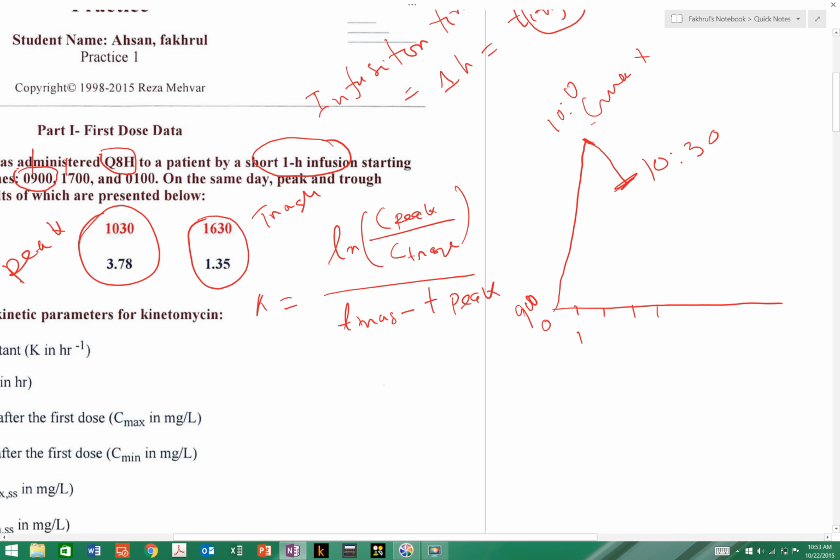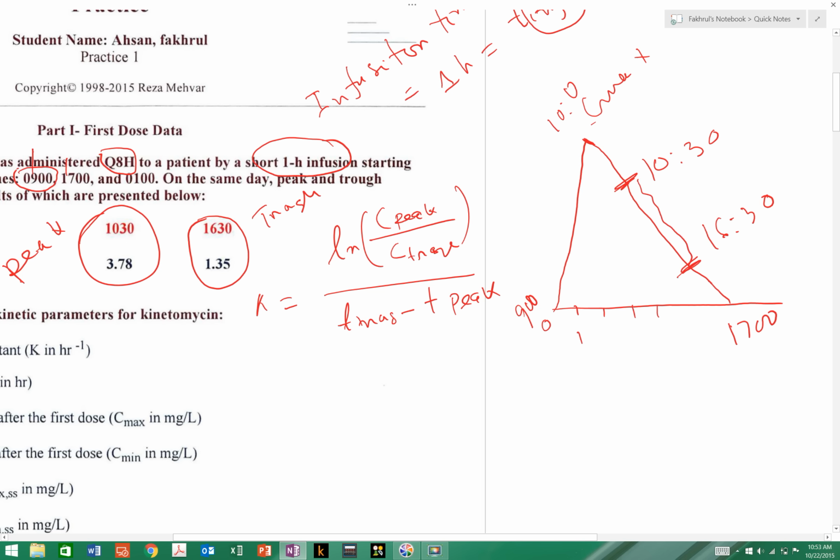And then you collect a trough sample at 16:30, and your dosing interval ends at 1700. You are going to administer, so you have to calculate this time.